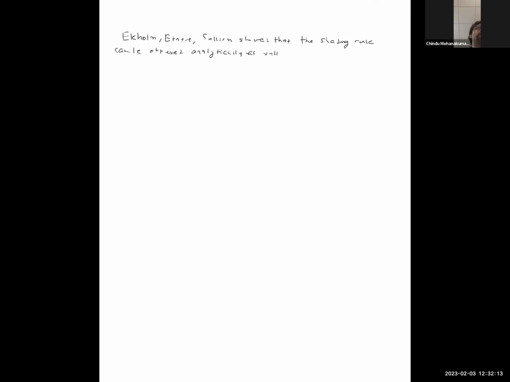Okay, so let me talk about what I mean by that. So this is from Ekholm, Etnyre, Sullivan, EES.